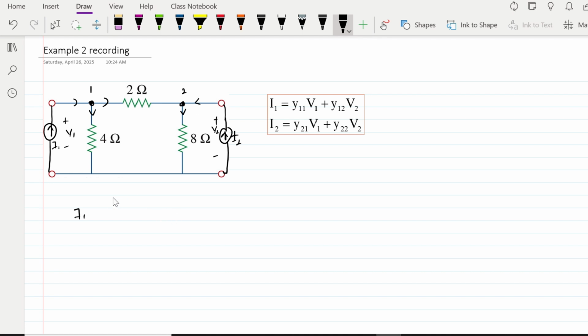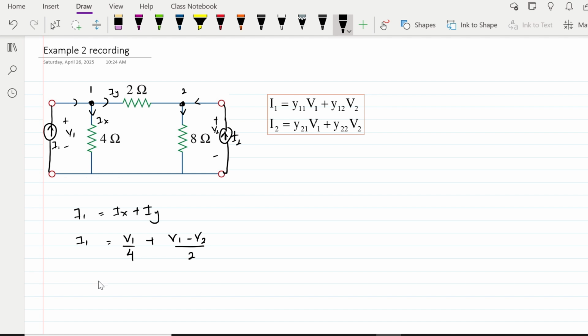At node 1, I1, let's label these as Ix and Iy, equals Ix plus Iy. This is the first node, and I can write Ix as V1 over 4, and Iy is V1 minus V2 over 2.